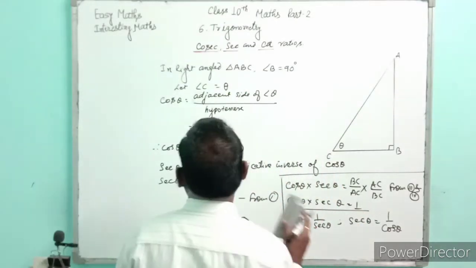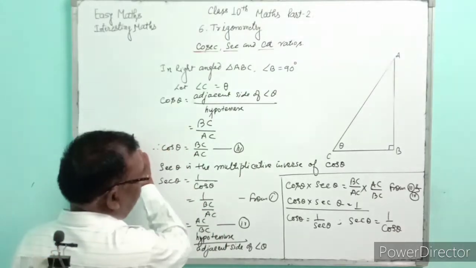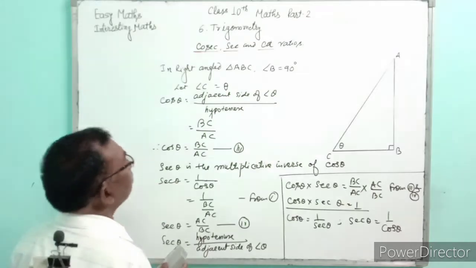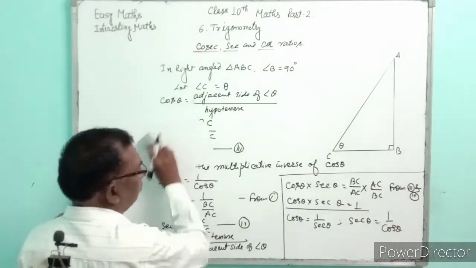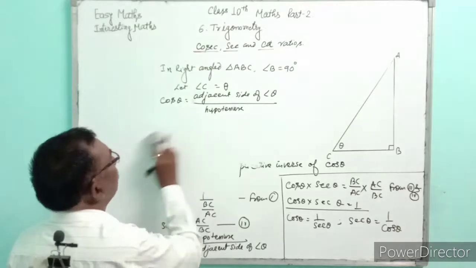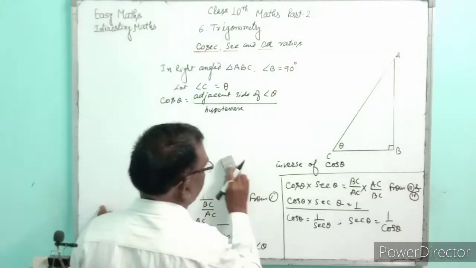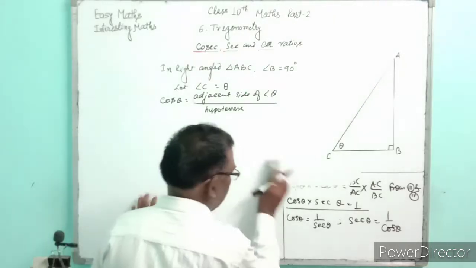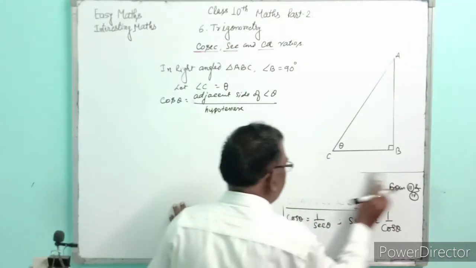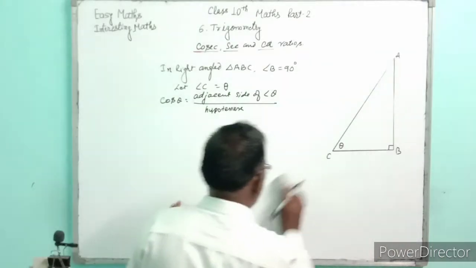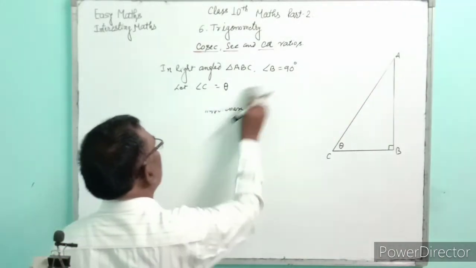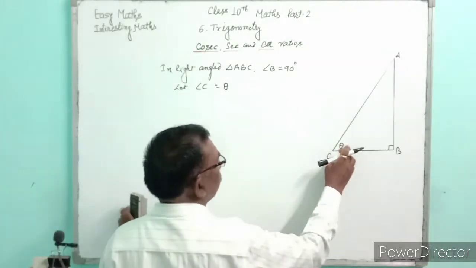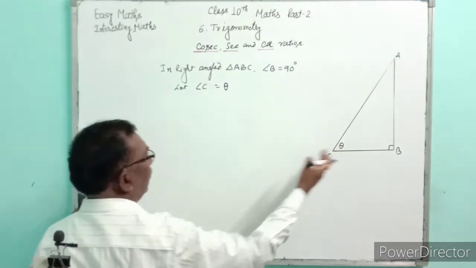Now, we see the relation between cot theta and tan theta and the product of cot theta and tan theta. From this figure, this is the angle theta and this is the right angle triangle ABC.